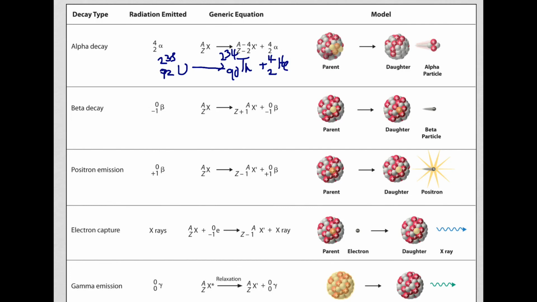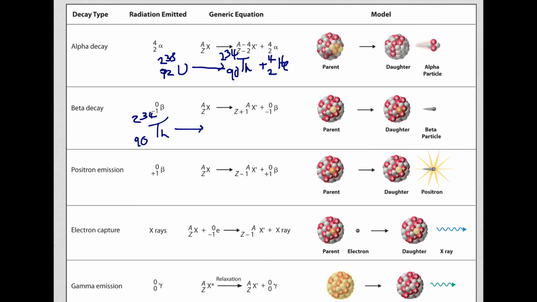Okay, beta decay, same thing. Let's say thorium undergoes beta decay. So let's start with thorium 234, 90, and that's going to undergo beta decay.